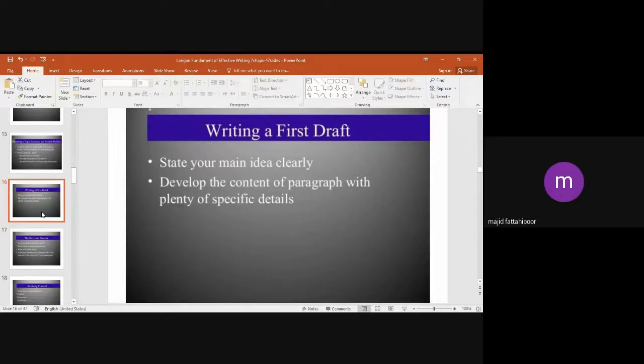Trust me, they're not, but they can give you a lot of confidence to write your first draft, and give you a lot of structure and good ideas. So you state your main idea clearly in the first draft and develop the content of the paragraph with plenty of specific details that you have gathered from clustering and from other stages.